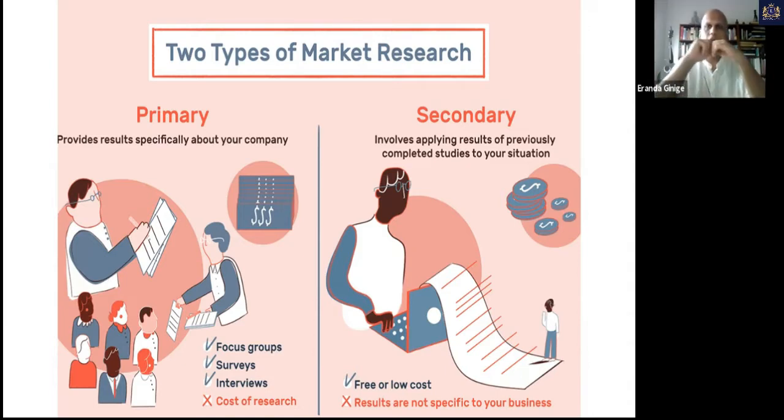So if you go to your country's statistics and census department, or population census department, or whatever department gathers information about your country in terms of economy, population, health, education, all kinds of criteria, you'll find a lot of data that have been gathered by that department, right?